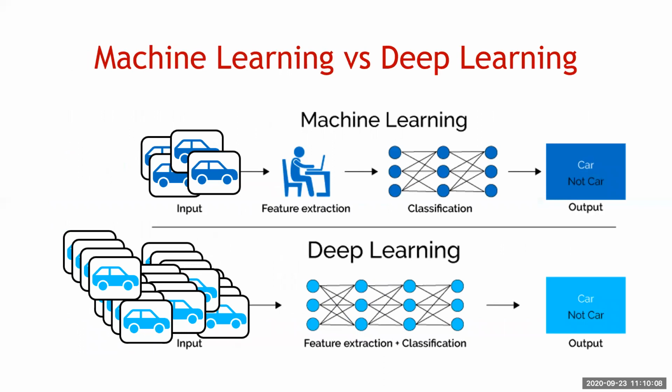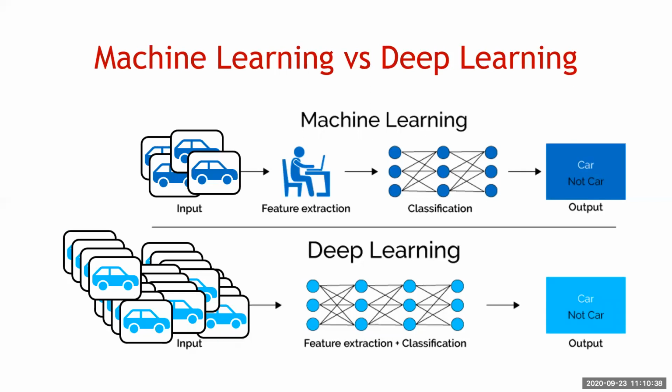Pictorially, you can see just what I've said. With machine learning, you have a certain amount of data that goes in. However, someone needs to go through the step of feature extraction, to label everything and find the features that you will be feeding into the classification system, and then you get your output, that it's a car or not a car, for example.